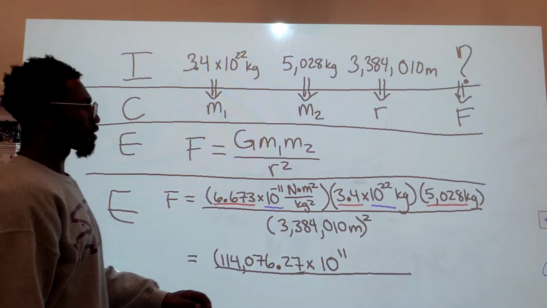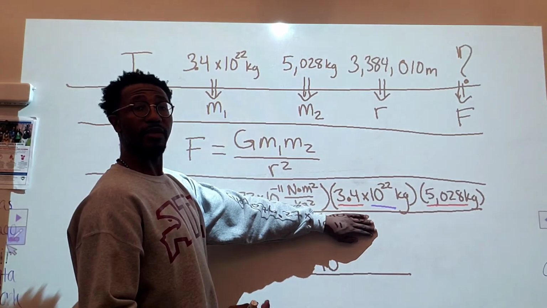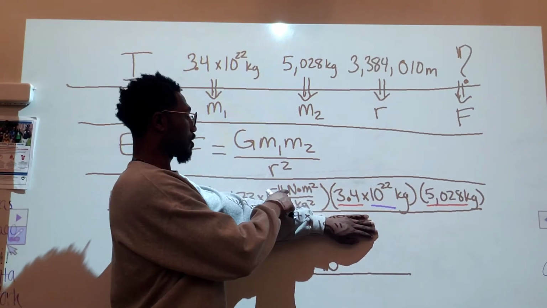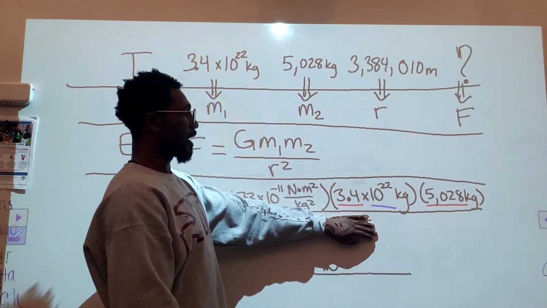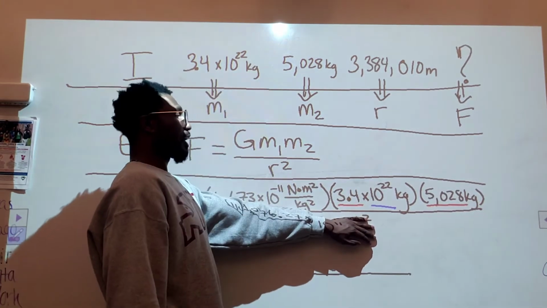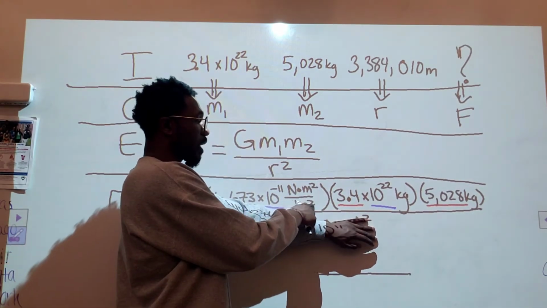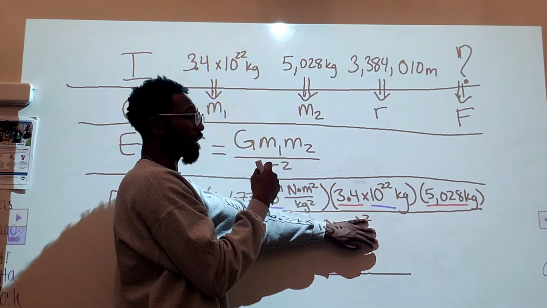All right? So when I look at my numerator and try to figure out the units, I need to see if anything cancels out. So I've got newtons times meters squared over kilograms squared, and then I've got kilograms times kilograms over here. Because I've got kilograms squared in this denominator, I've got 2 of those kilograms being multiplied.